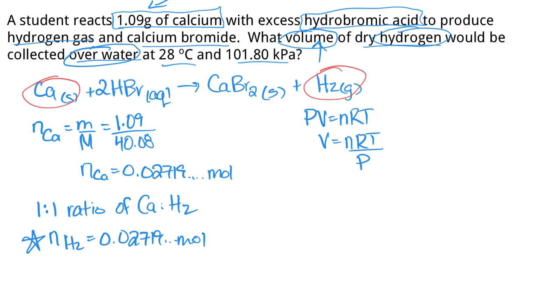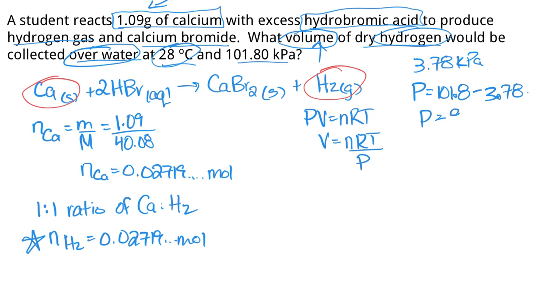If we were to look up at 28 degrees Celsius what the water vapor pressure is, it is 3.78 kPa. So that means that our pressure is going to be 101.8 kPa minus 3.78. We're using Dalton's law of partial pressures to figure out the pressure just from the hydrogen itself.